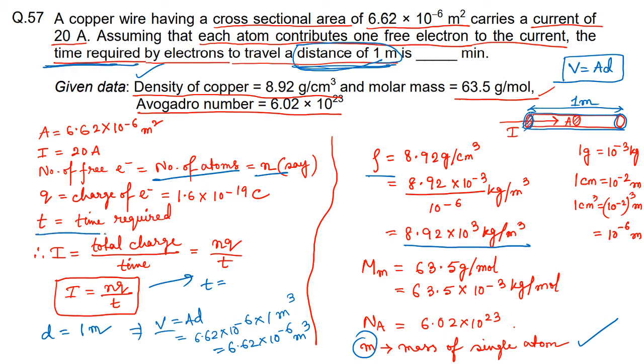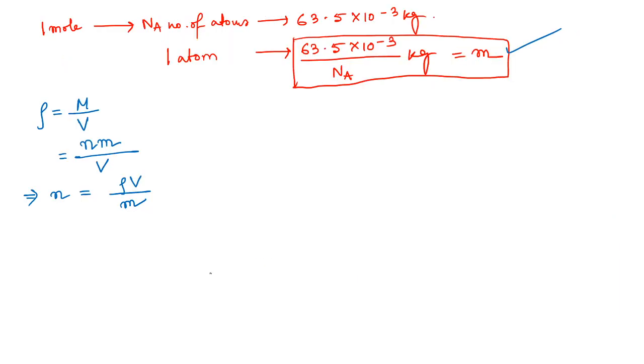So t equals nq by I. So from here, if t equals nq by I, then with n as rho v by m, t equals rho v by m into q by I, right?